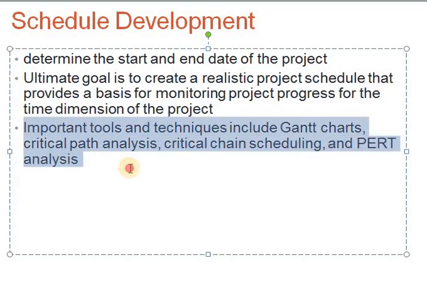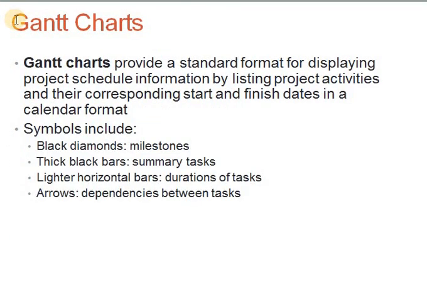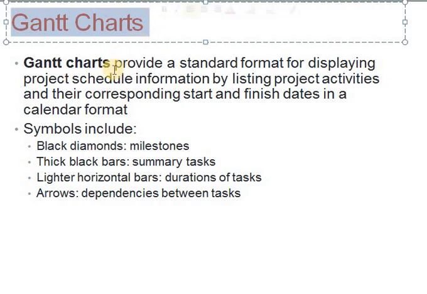Important tools and techniques that will be used for schedule development are Gantt charts, critical path analysis, critical chain scheduling, and PERT analysis. First we will see what a Gantt chart is.